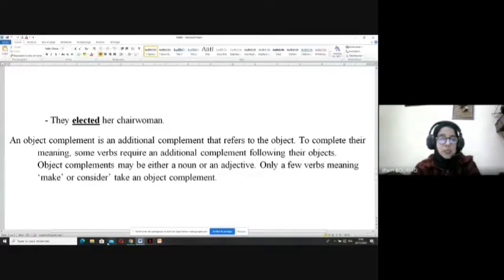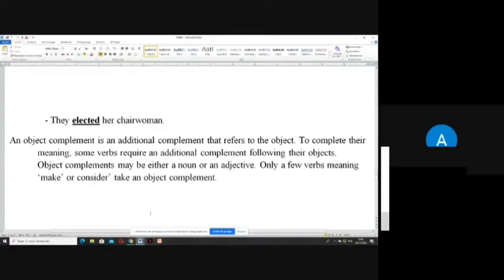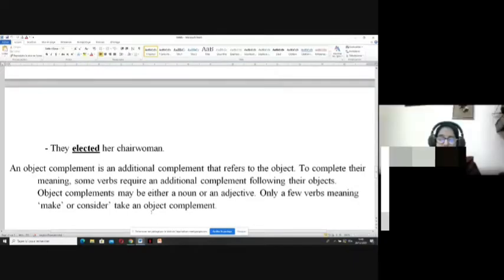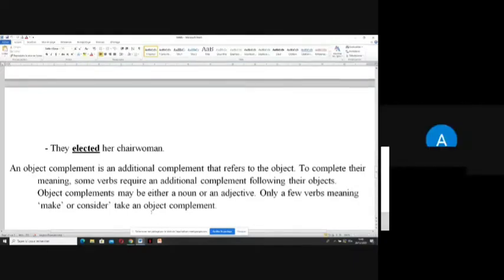Okay, just quickly speaking. Teacher, yes, please. Can we find the verb, indirect object and the object complement in one sentence? Give me a sentence. No, I just ask you.